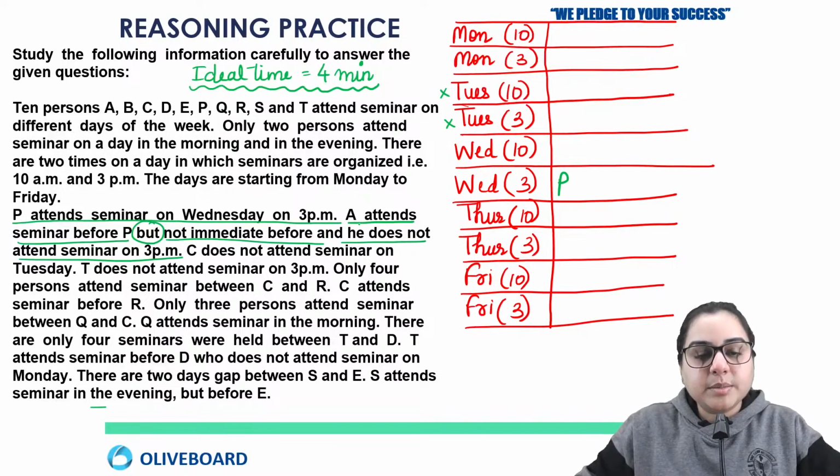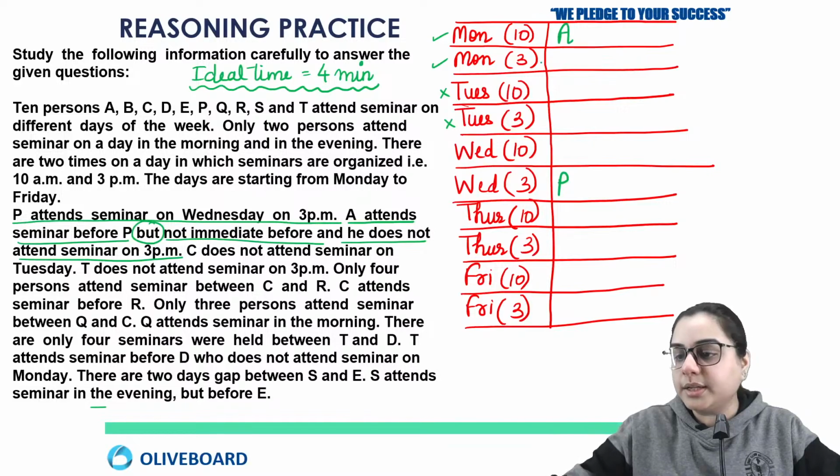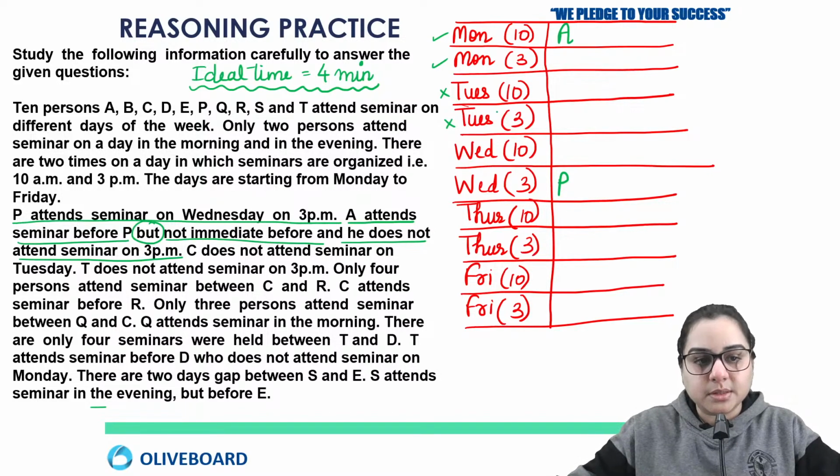A attends seminar before P. That means if P is attending seminar on Wednesday, then A will not attend on Tuesday. That means A will attend seminar on Monday. But because he is telling you that A does not attend seminar at 3 p.m., A will be written at 10 a.m. I hope this much is clear to you.